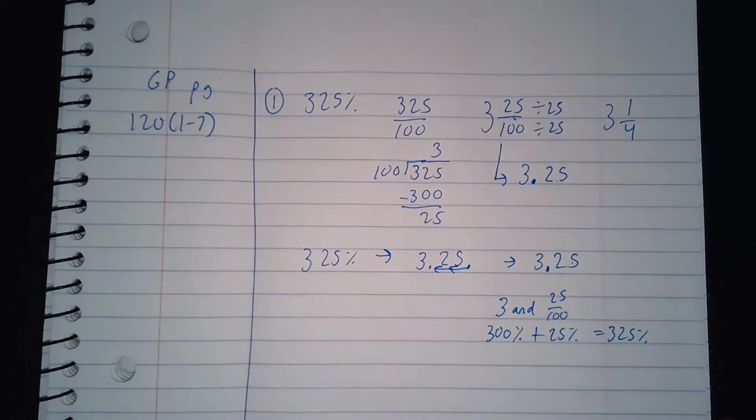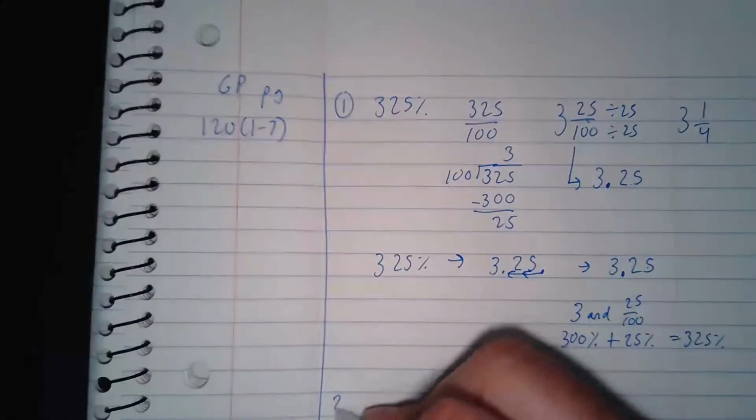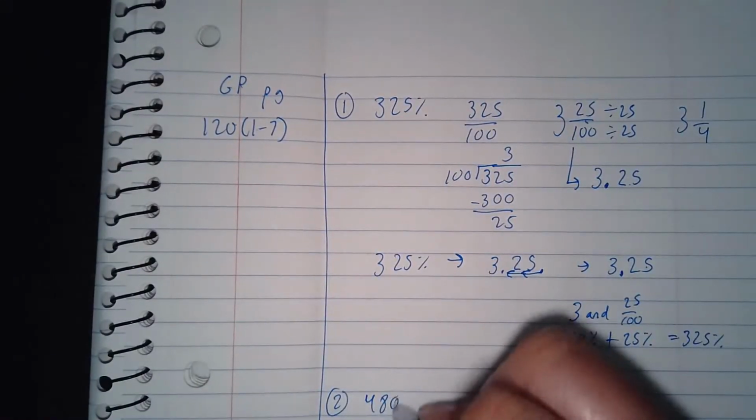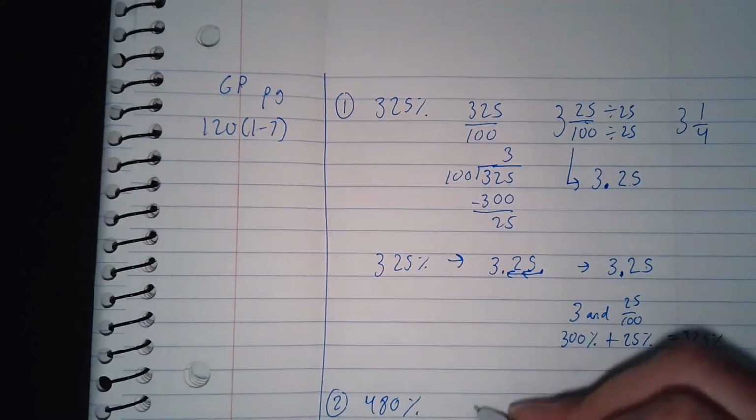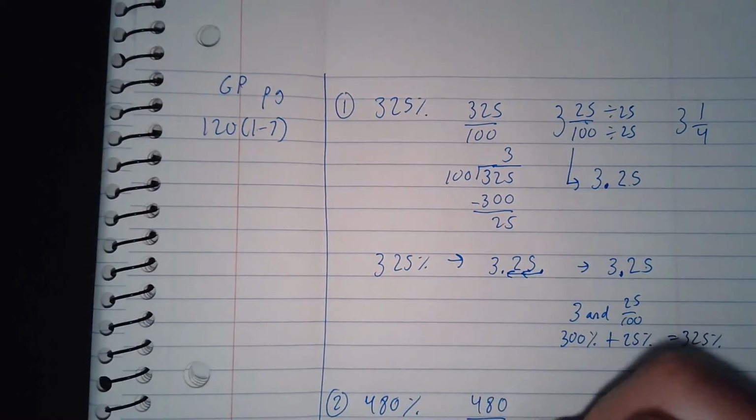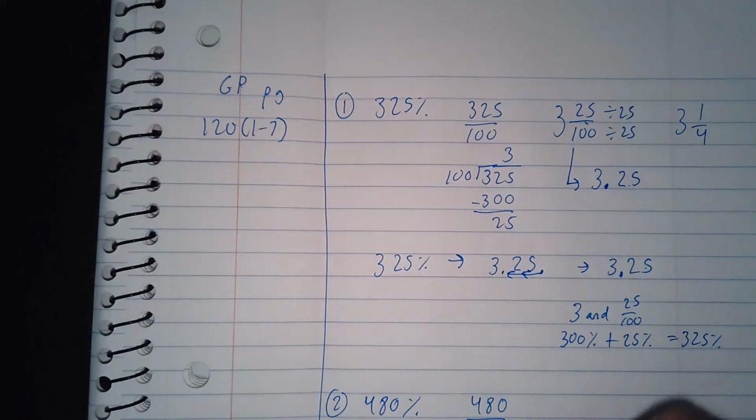So that's number 1. Number 2, 480%. Literally, 480 per 100. Making groups of 100, I can make at least 4. I'm left with 80. So I have 4 80/100.